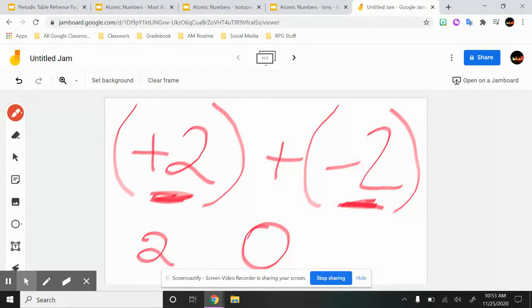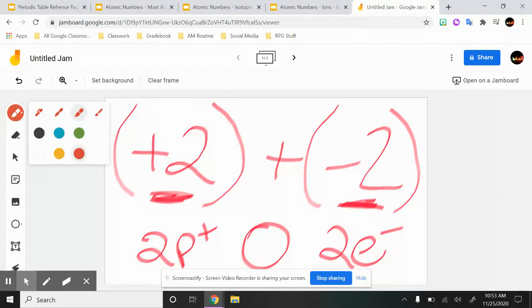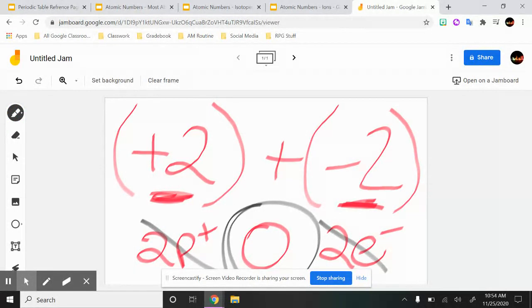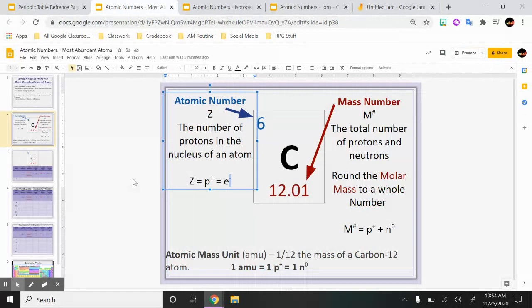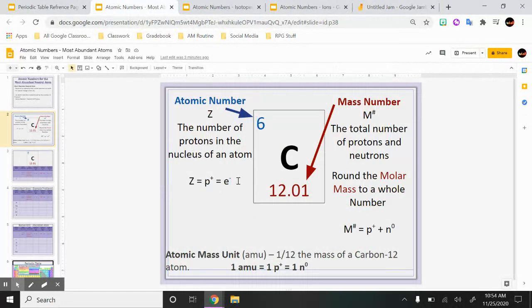So this would be like if we had 2 protons and 2 electrons, their charges are going to cancel out and equal 0.